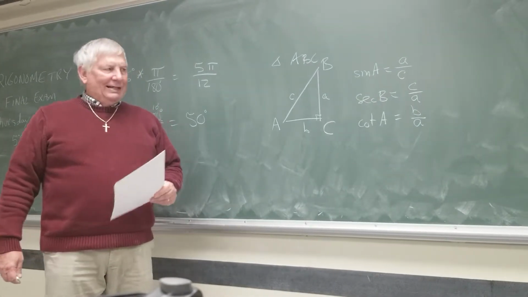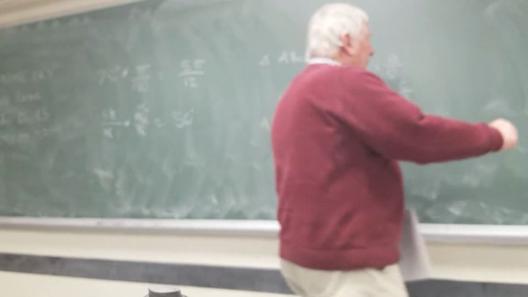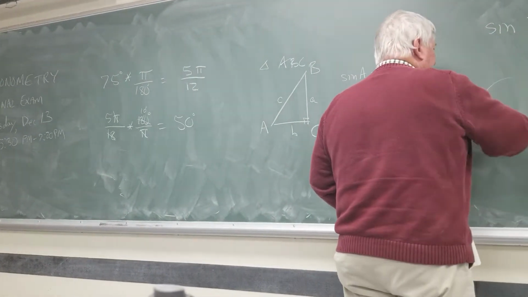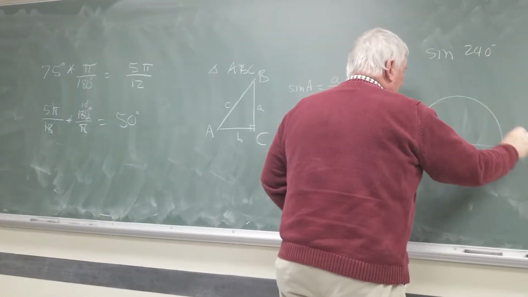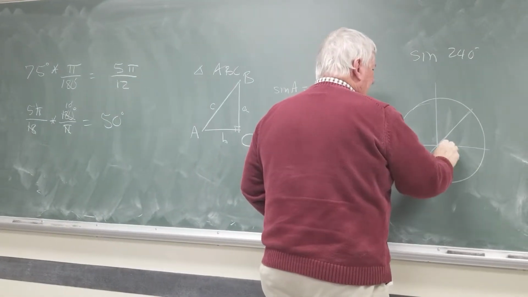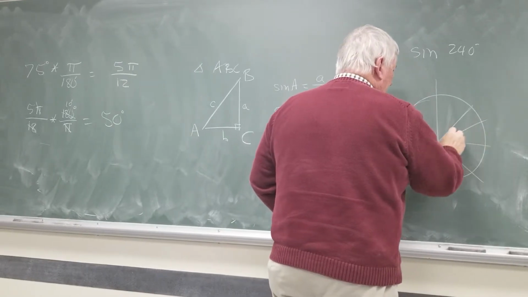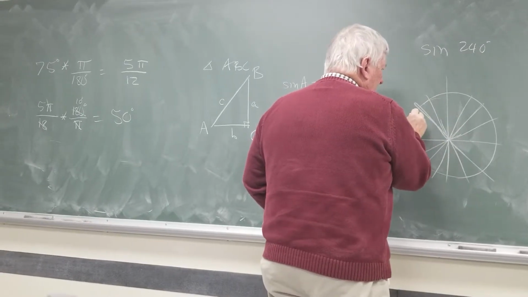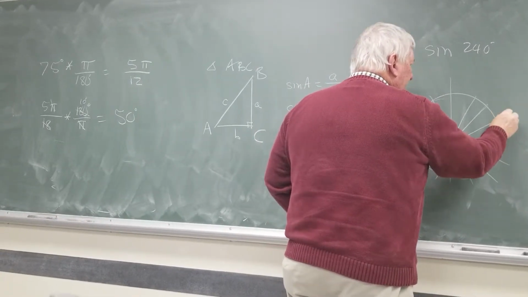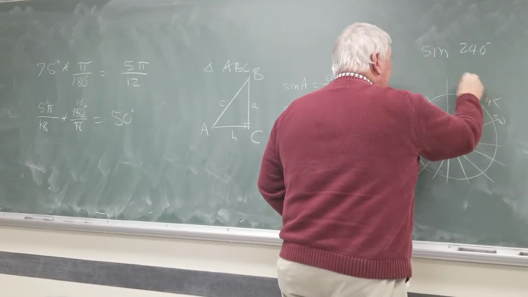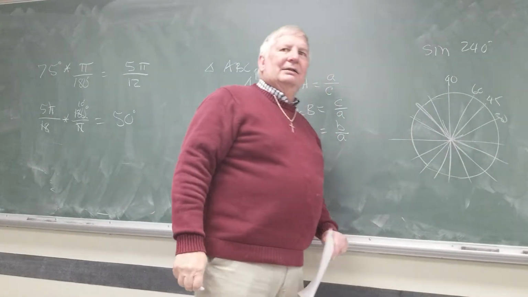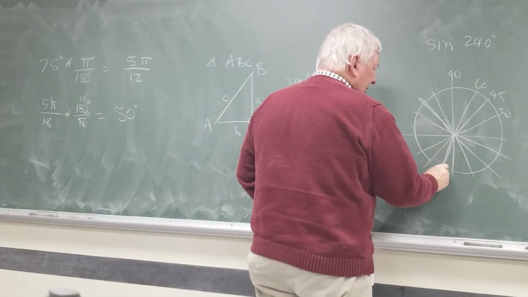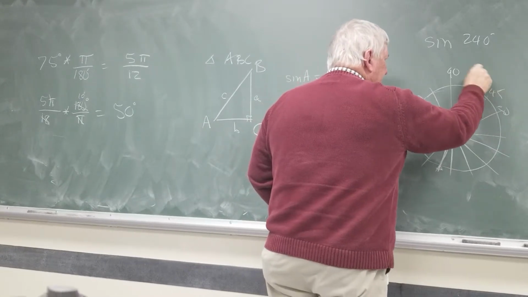Okay, number 5, find the exact values. So, sine of 240 degrees. I find it helpful to draw my little unit circle here. And these are angles that we should know: 30, 45, 60, 90, and some multiple of them. 240 is right here, which corresponds to 60.